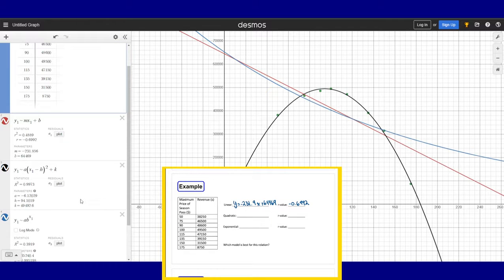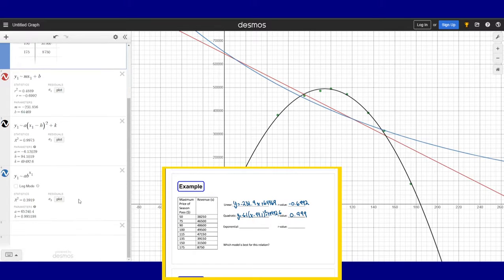For the quadratic, we have y equals negative 6.1 times (x minus 94.1) squared plus 49,492.6. The R value, which is the square root of 0.9973, is 0.999.